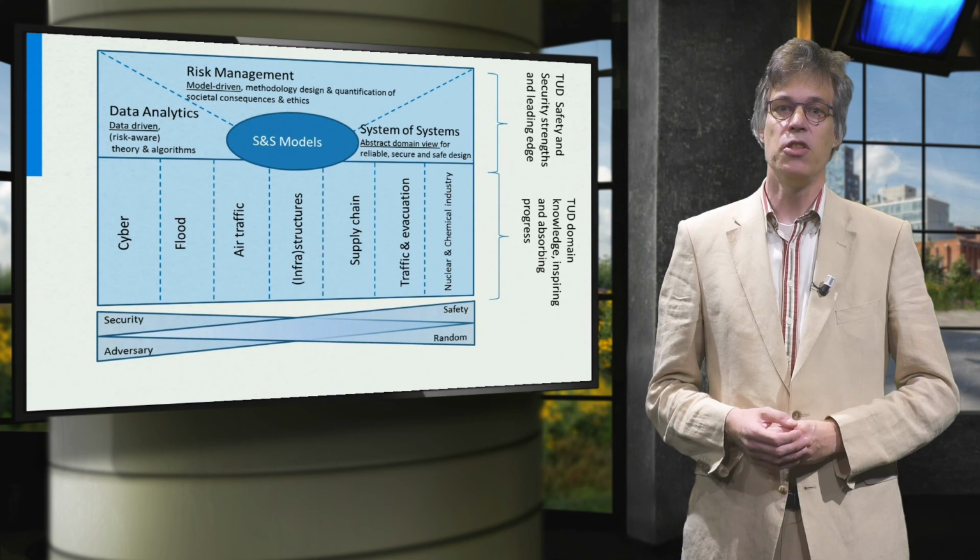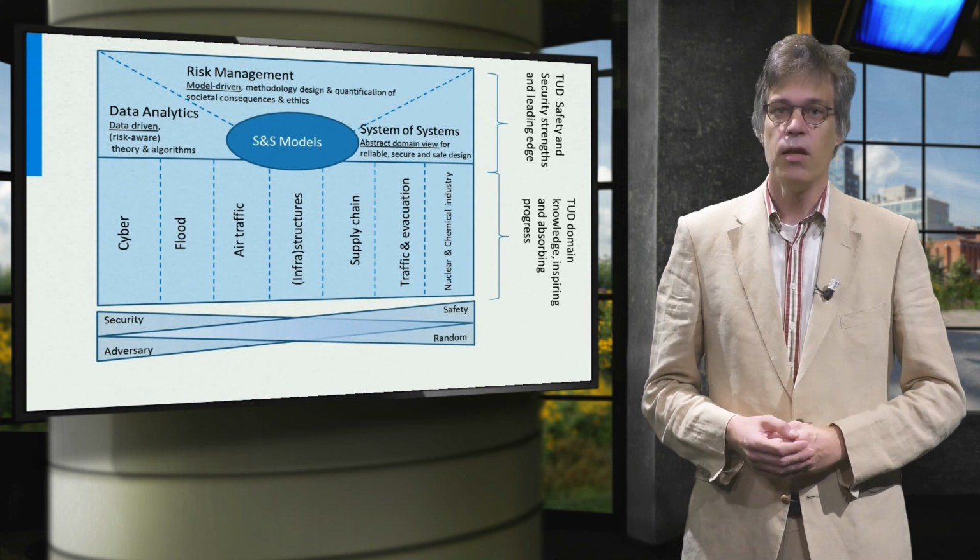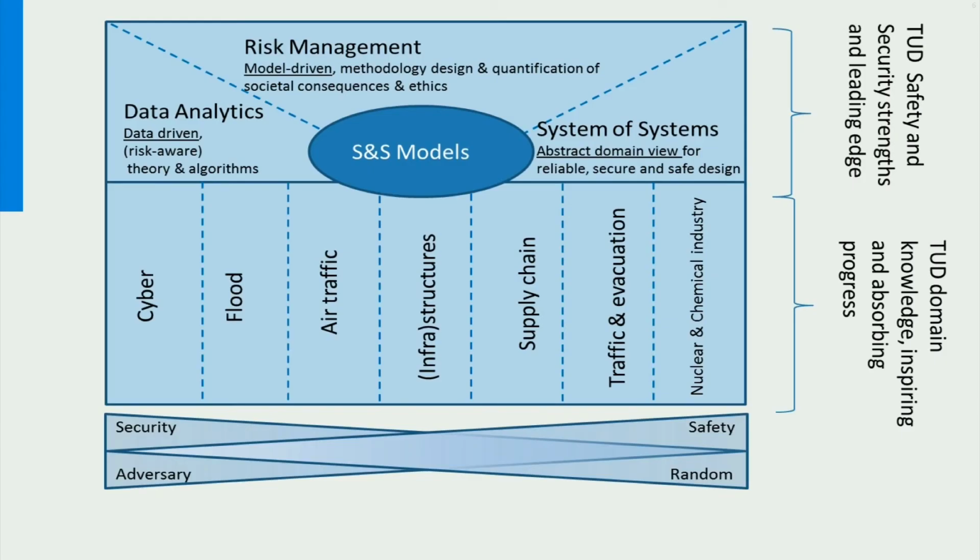There are many safety and security application domains. The columns in this figure just show a limited selection of domains. Security in the cyber domain receives a lot of attention lately. Safety of people against natural hazards, such as floods, earthquakes, hurricanes, etc., is an important domain and strongly related to the structural safety of buildings and infrastructures, such as dikes and other flood defenses.